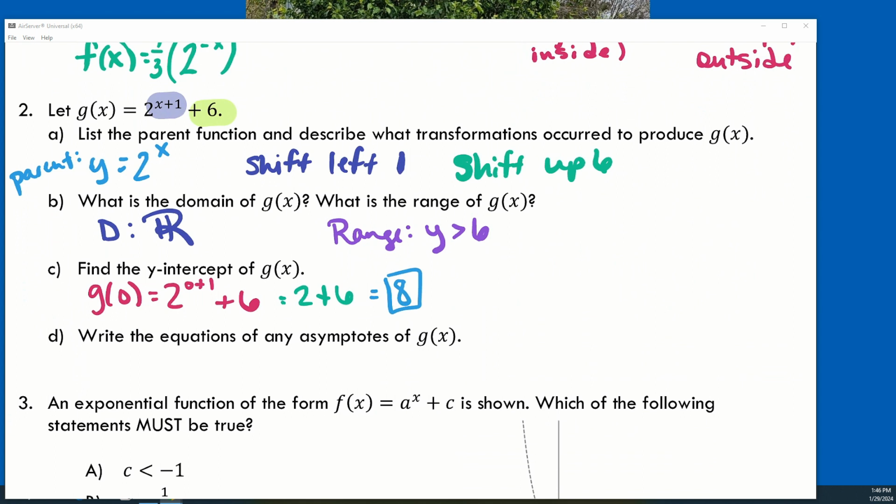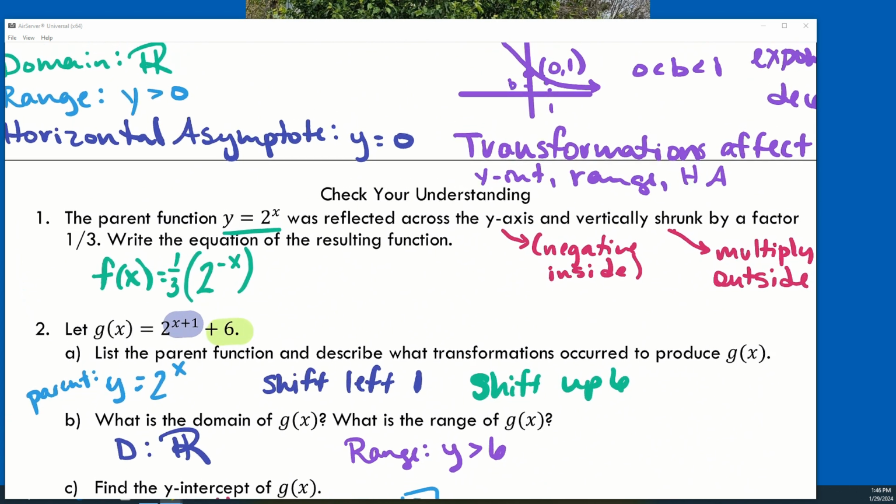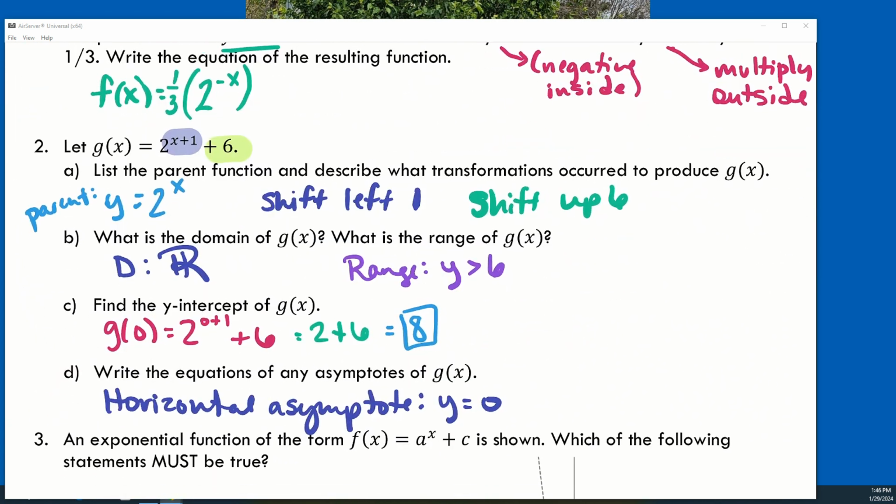Right. And then all exponential functions have a horizontal asymptote. And if you've already figured out what the range is, all you have to do is just change the greater than to an equal sign, and that's going to be the horizontal asymptote. The horizontal asymptote of the original one was shifted up 6.